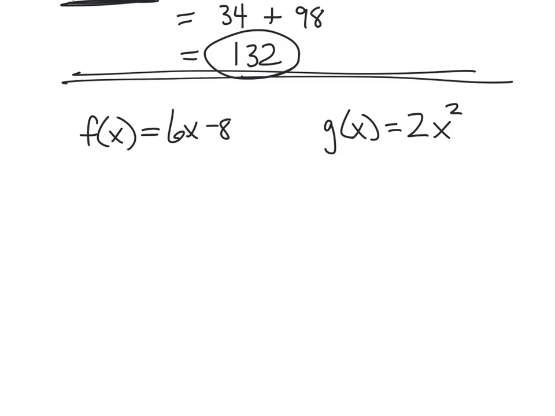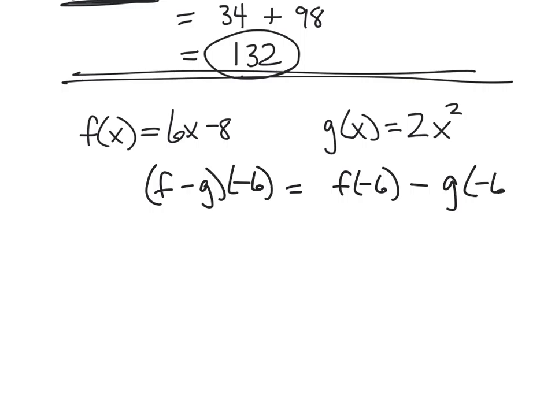So we know that what we want is f minus g of negative 6. That means we're going to do f of negative 6, and then subtract g of negative 6. So now we need to do the math to figure out what these two values are. We're going to substitute negative 6.